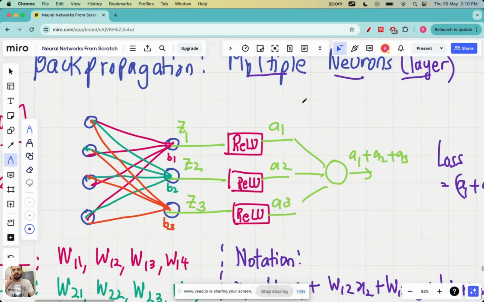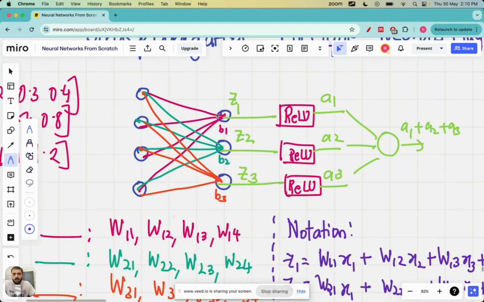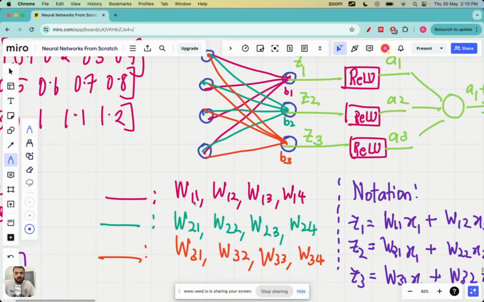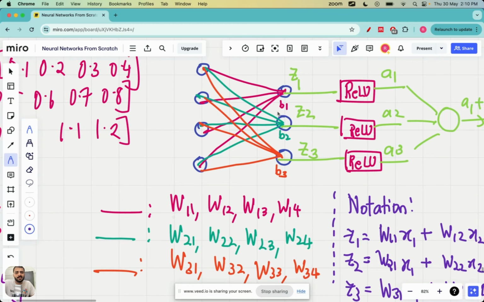So let me explain the problem statement. We have four inputs here, and we have three neurons in the first hidden layer. If you see, each neuron has four weights associated with it. If you look at the first neuron, the weights are denoted by the pink line, and they are W11, W12, W13 and W14, and the bias of the first neuron is B1.